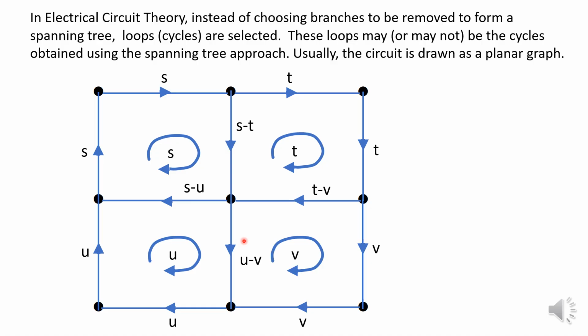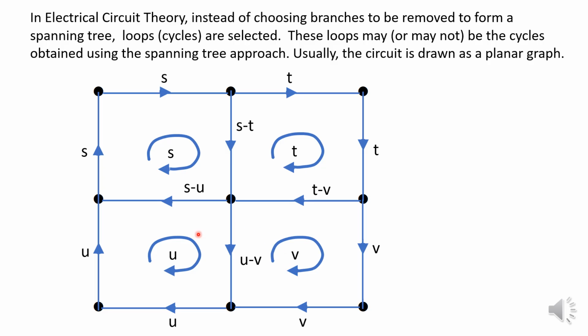So here, using the loop currents S, T, U, V, we can express the currents in all of the branches in terms of these four variables. So to express any current in this circuit, we just need four numbers, S, T, U, V, and we can express all of the currents in this network. Kirchhoff's laws will be followed.